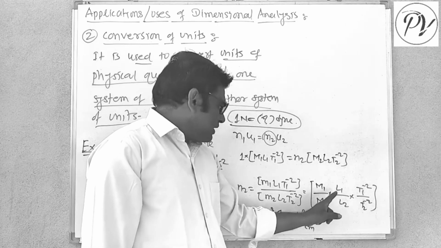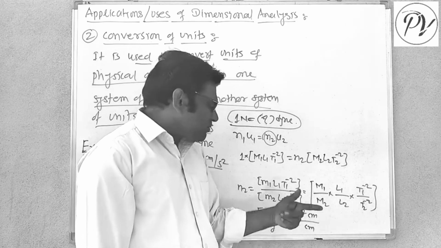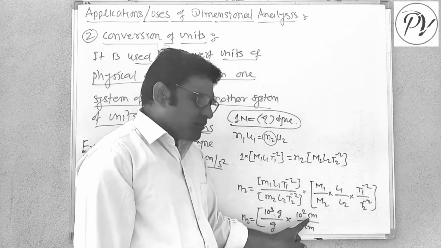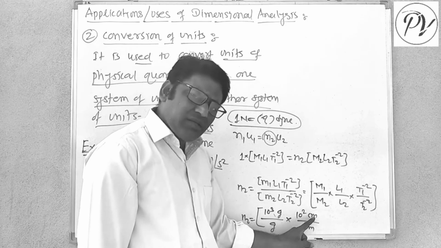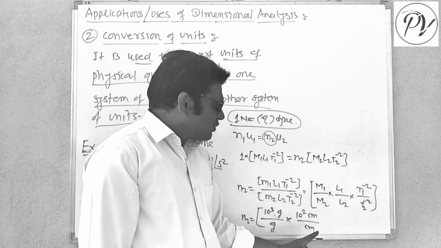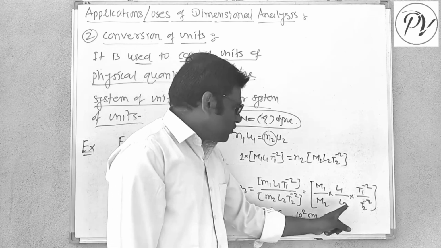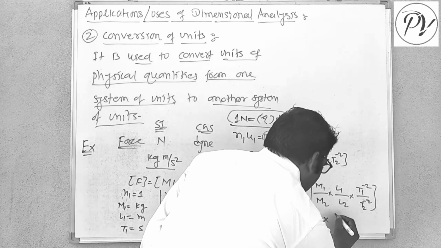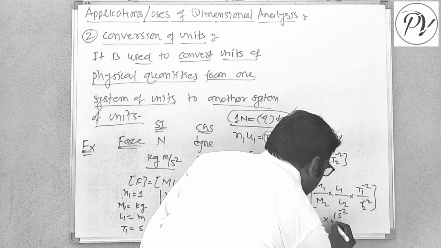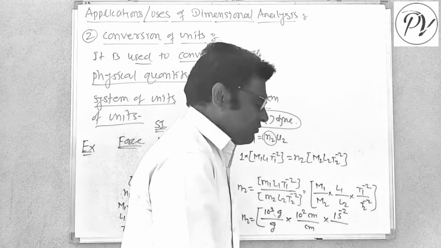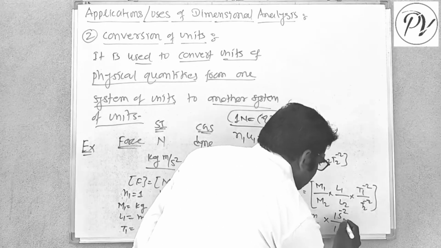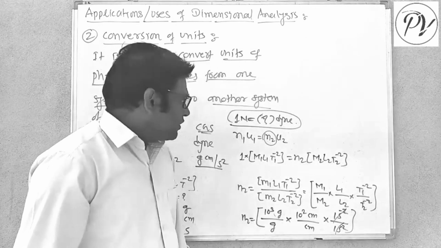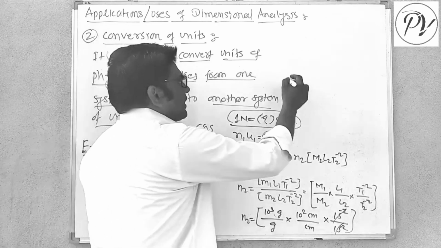L1 is meter, so in place of meter we can write 10 raised to 2 centimeter, divided by L2, centimeter as it is. Into T1, 1 second to the power minus 2 upon, this is also the same, 1 second to the power minus 2. So this will get cancelled.